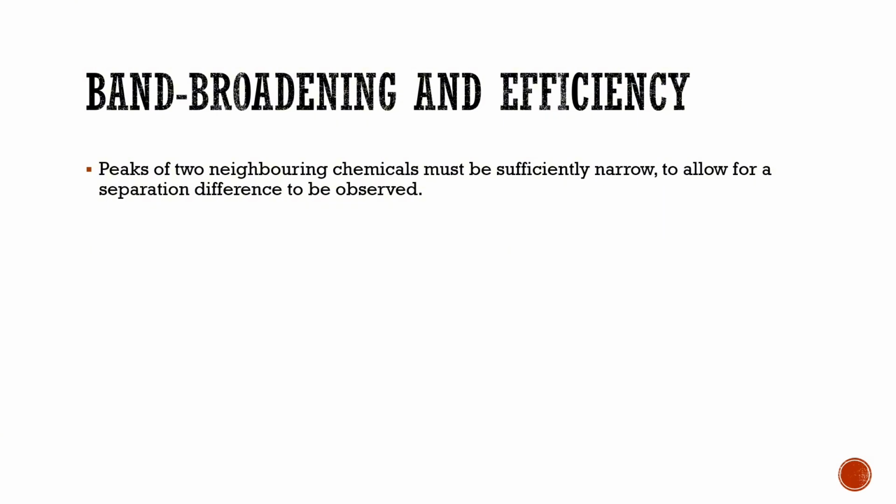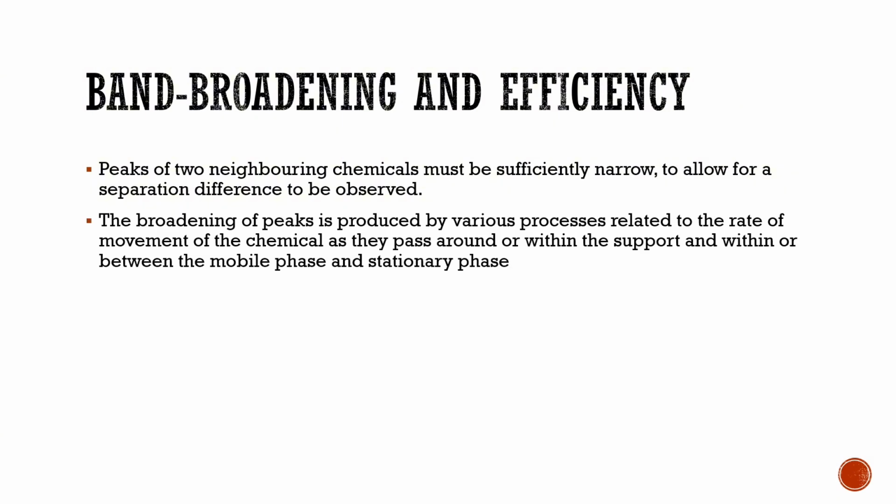Now, the terms band broadening and efficiency. The peaks of two neighboring chemicals have to be sufficiently narrow to allow the separation difference to be observed. The broadening of peaks is produced by various processes related to the rate of movement of the chemicals as they pass around or within the support and within or between the mobile phase and stationary phase.